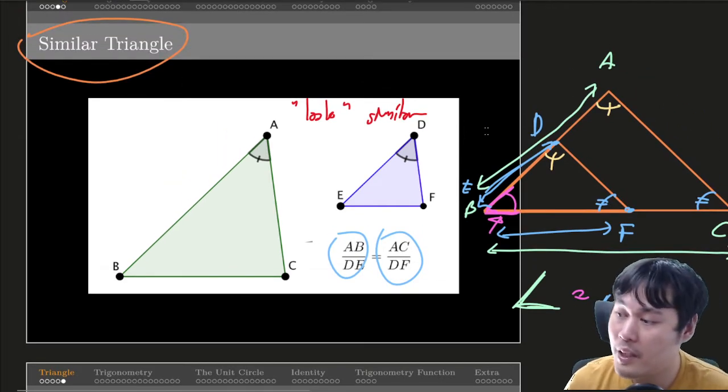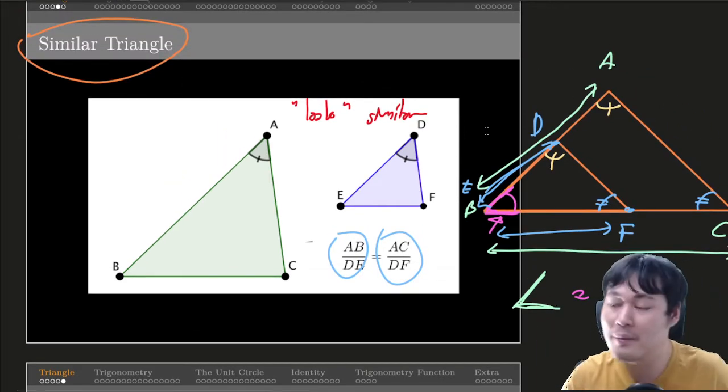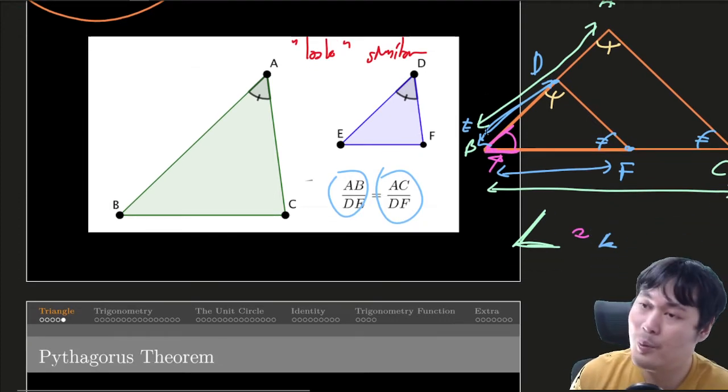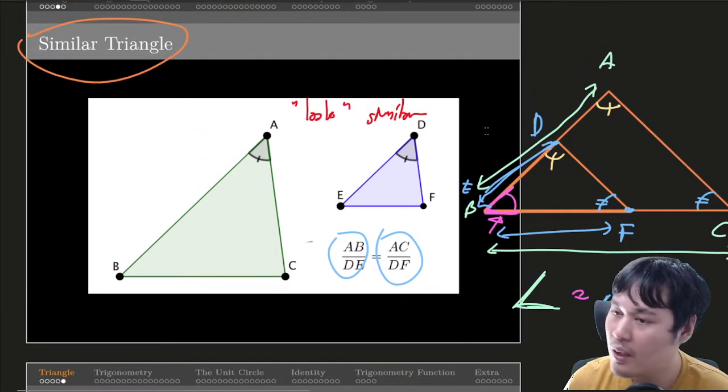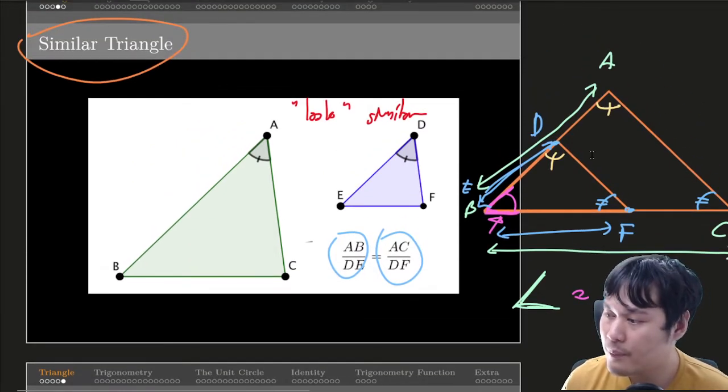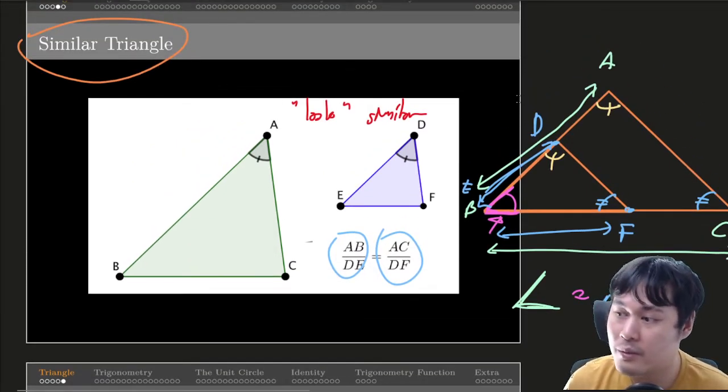That's the fact of life. It's not difficult to prove, but it takes some work. And yeah, that's a nice fact about similar triangles.